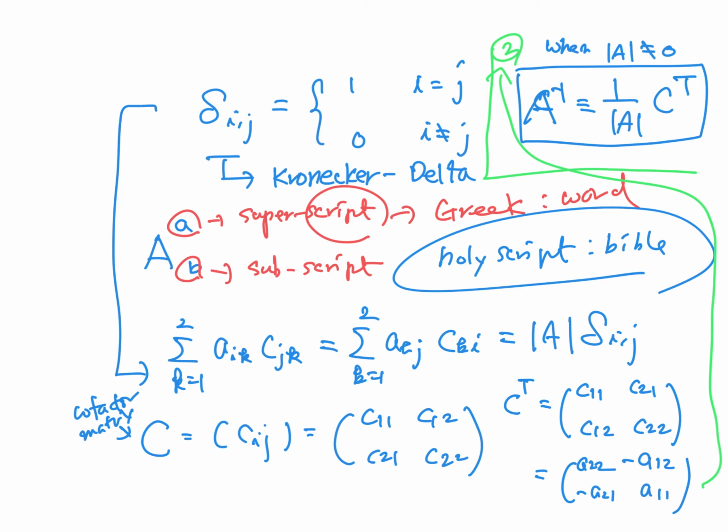It is defined for 2 by 2, but it's generally true for n by n. But we haven't defined the determinant for 3 by 3 or 4 by 4.